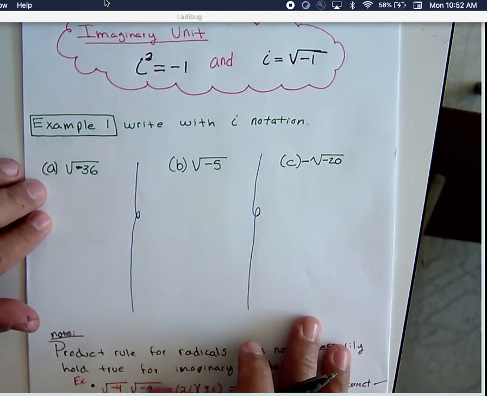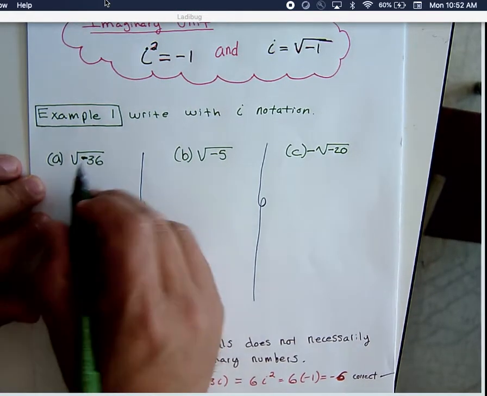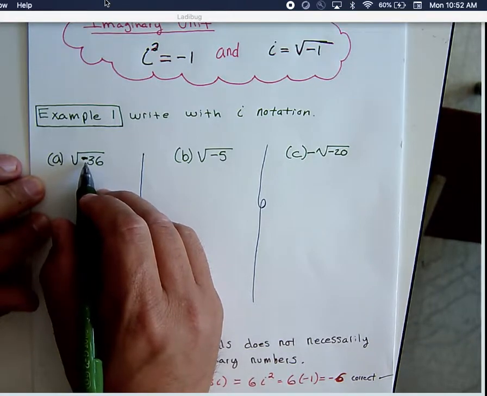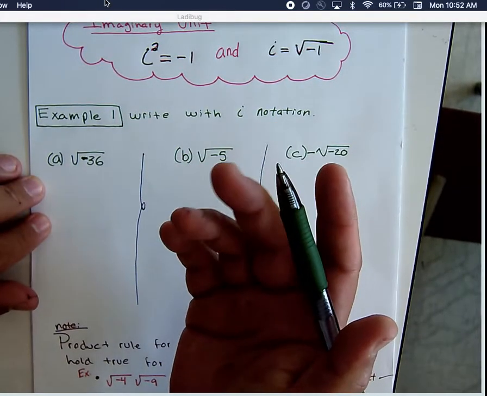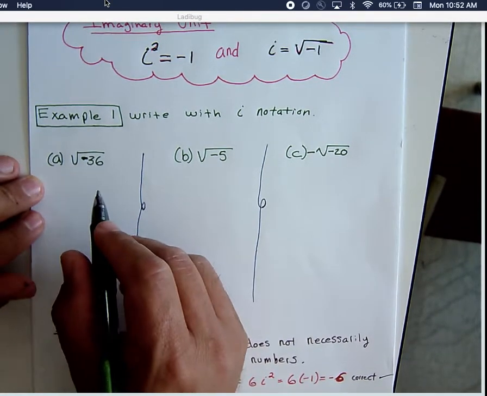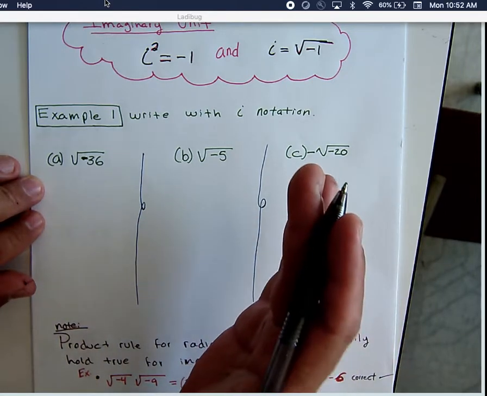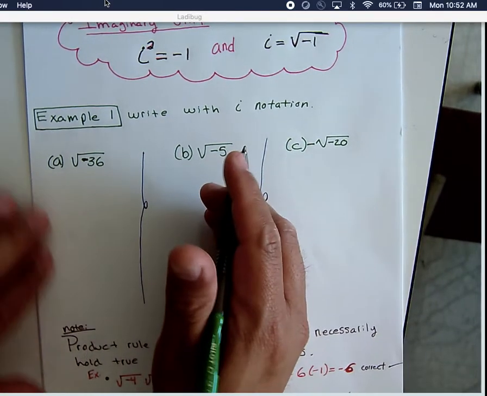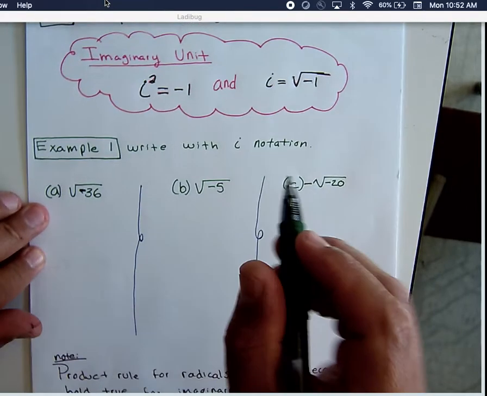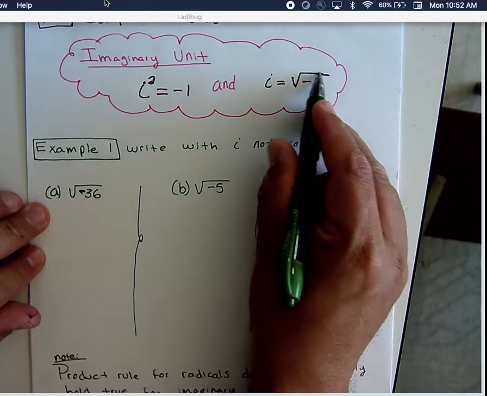For example, you have the square root. Remember, square roots cannot have negative numbers inside, at least not real ones. So this is a -36. So this would become an imaginary number. Part of it would be imaginary. So what you need to do is that negative would become this part.